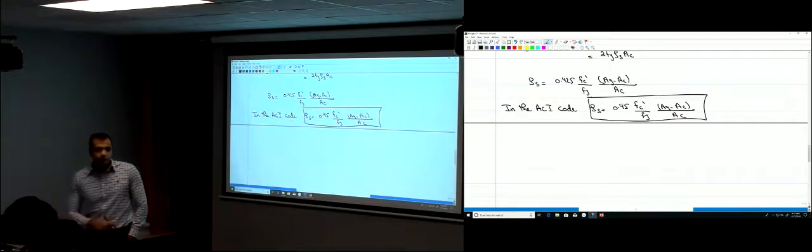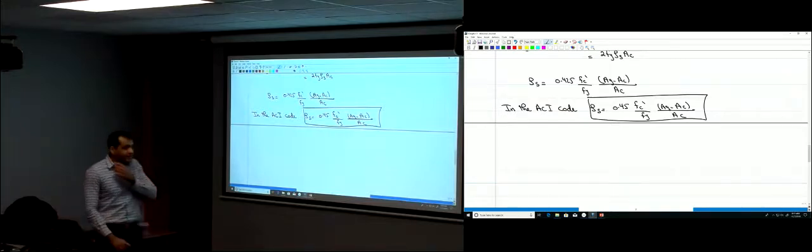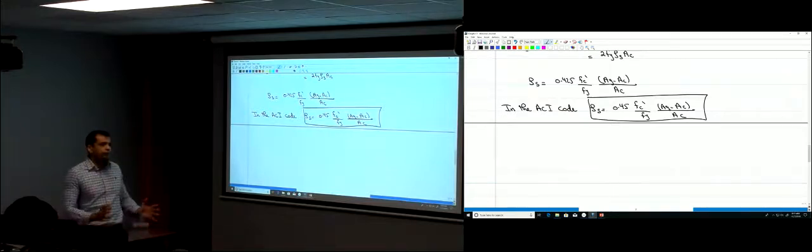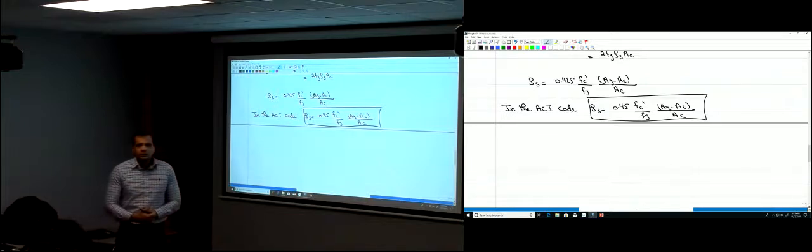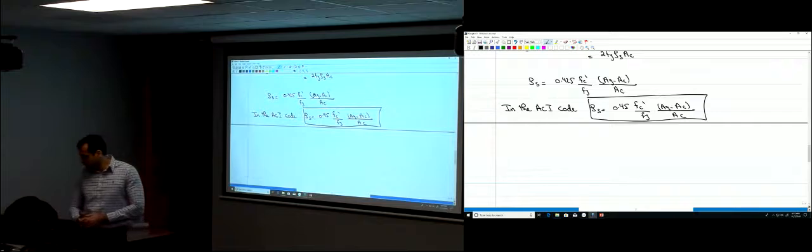That's the amount of spirals you should provide so that the spirals will be able to confine the core of the concrete, so the core replaces the cover once it collapses.